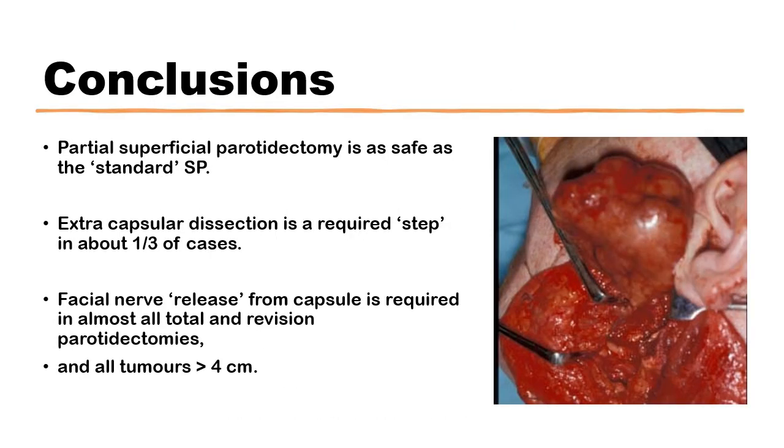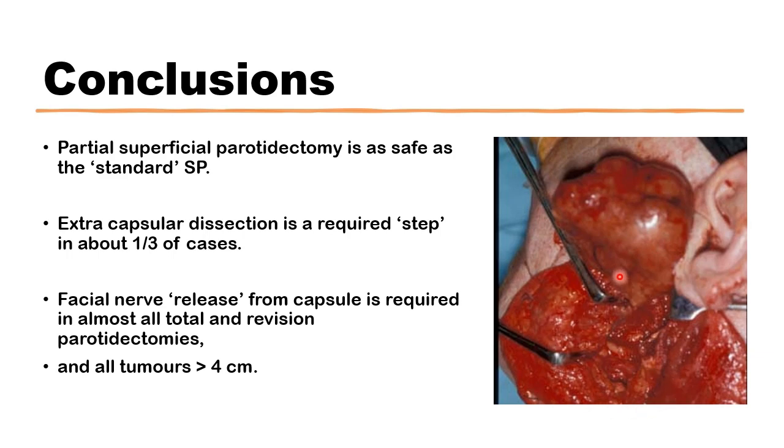In conclusion, the partial superficial parotidectomy, which is in other words a hemi-superficial parotidectomy, usually based on removing the lower half of the superficial lobe, is as safe as the standard superficial parotidectomy, removing all the tissues superficial to the facial nerve.